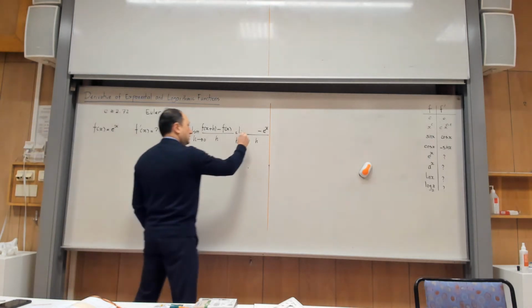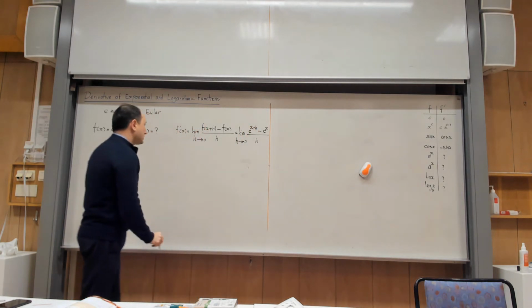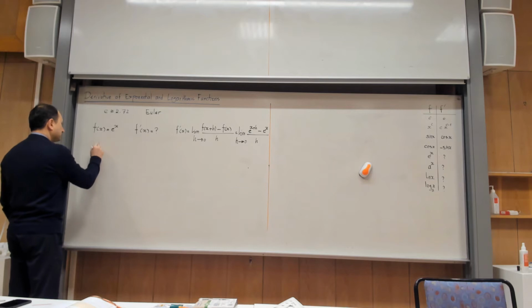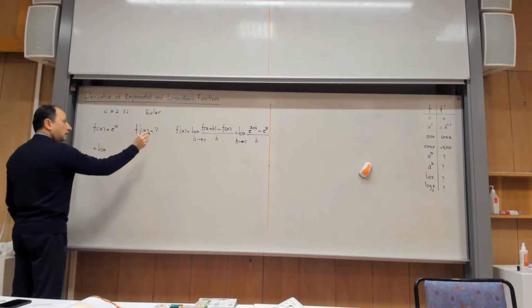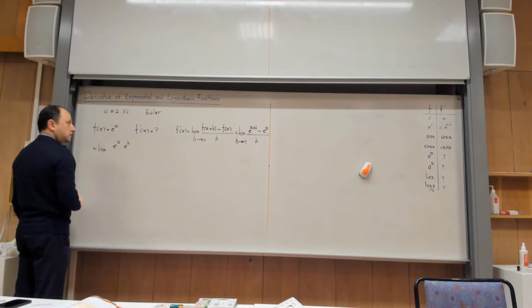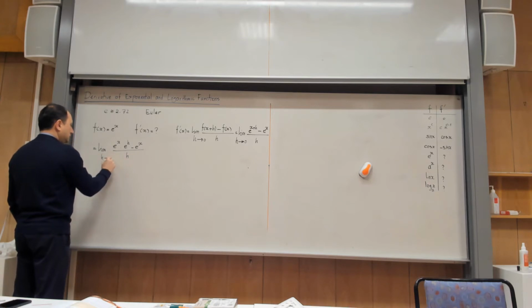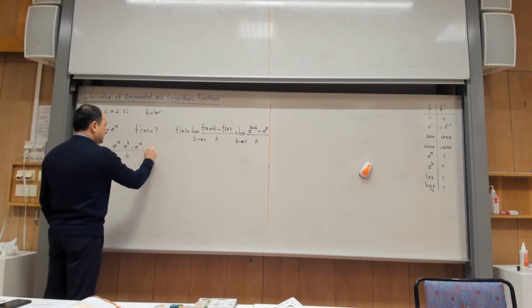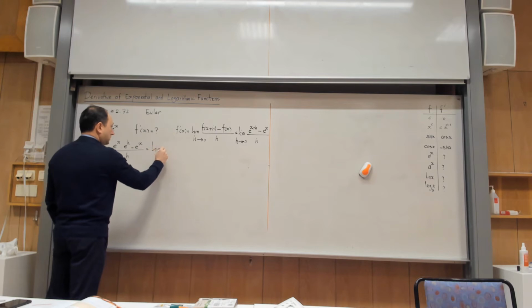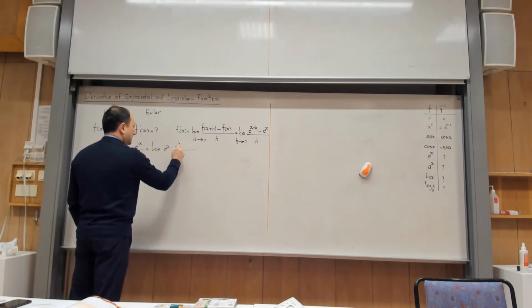So this becomes e to the power of x plus h. I can write it as e to the power x multiplied by e to the power h, minus e to the power x, divided by h, as h goes to 0. Then I can factor e to the power x out. So e to the power x multiplied by the limit of e to the power h minus 1 over h, as h goes to 0.